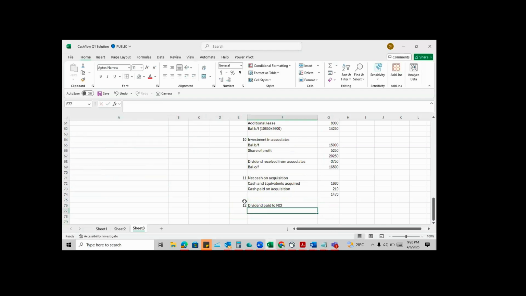All right. Now, in the subsidiary acquisition, we had valued NCI as how much? How much is our NCI?